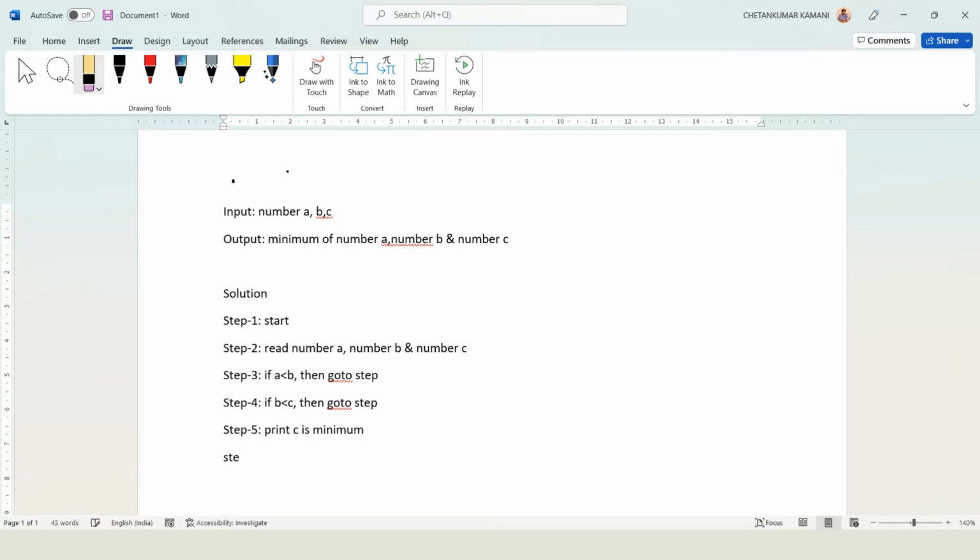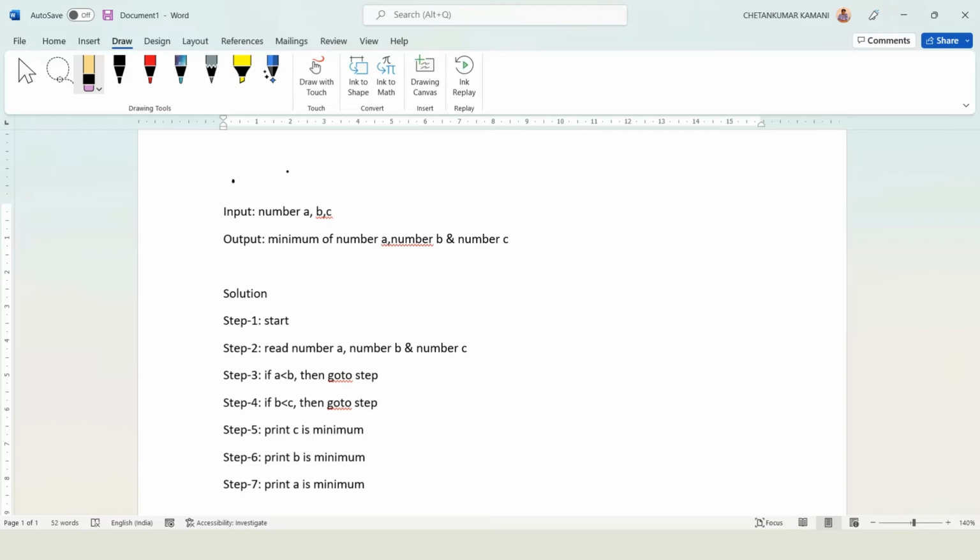Then we have to write step 6, print B is minimum. Step 7, print A is minimum, right?